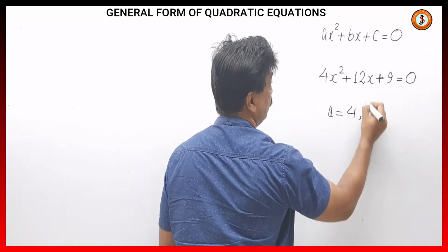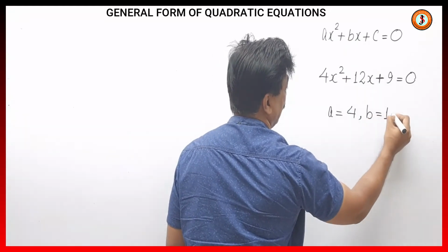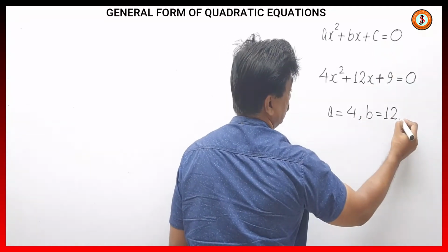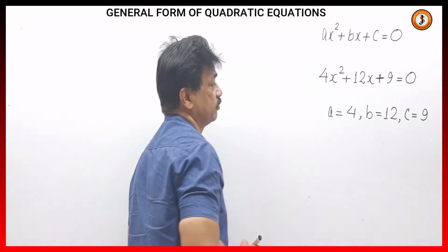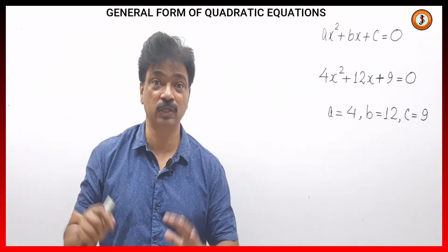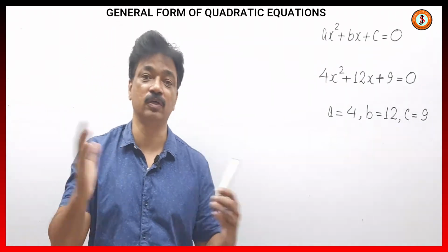The value of b, coefficient of x, will be 12, and the value of the constant c will be equal to 9. So have a look. So this is the general form of a quadratic equation. Now all the quadratic equations can be represented in this form.